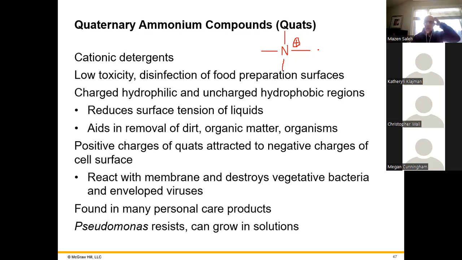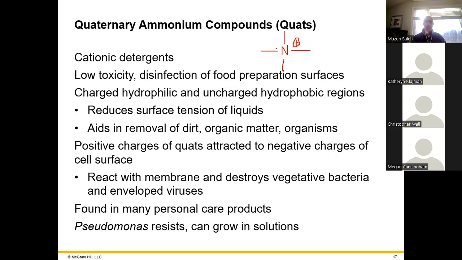Okay, so whether it's a hydrophobic ring system, such as benzene rings, or hydrocarbons, such as fatty acids, because of the hydrophobic nature of the side chains and the charged nature of the nitrogen, now we have an amphipathic molecule, which is the definition of a detergent molecule.